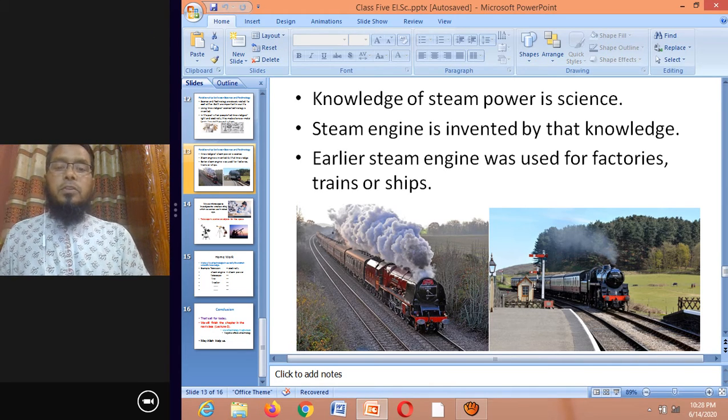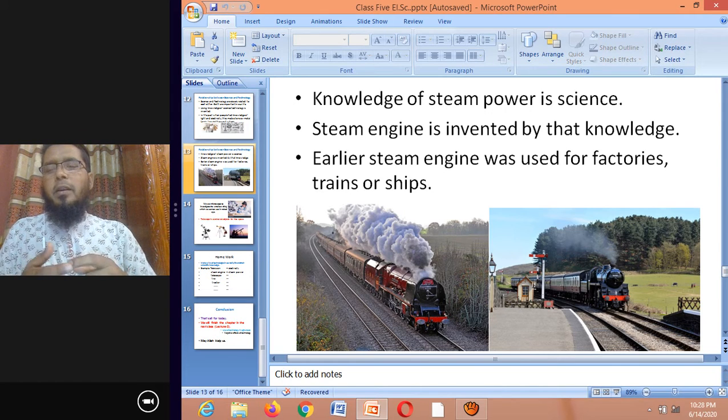And so in the picture, we can see two steam engines, and smoke is running out from the steam engine. That means steam is water. Water is boiled and smoke is running out, and power is produced.